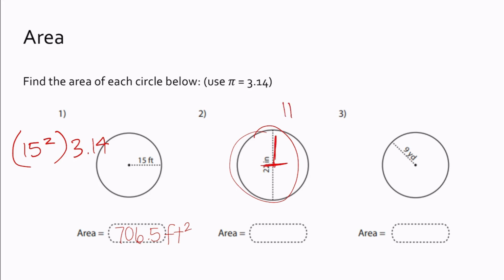So we should be dealing with 11 inches here. And if we take 11 inches squared times 3.14, we get 379.94 square inches. And then on this last one, we have 9 squared times 3.14 is 254.34 square yards.